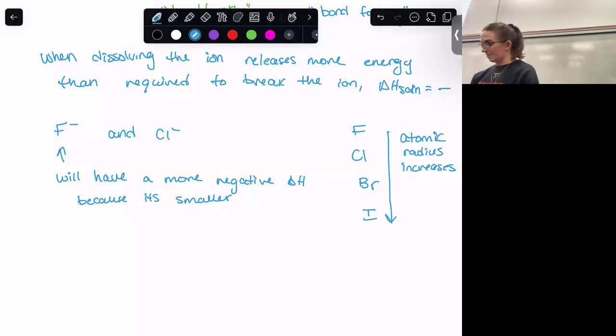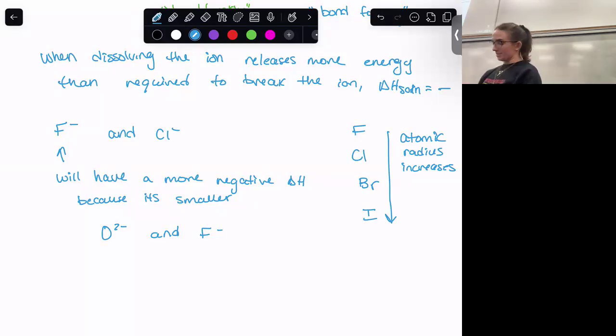If we were to look at O2 minus and fluorine minus, which one's going to have the more negative delta H in this case? Is having more of a negative delta H the same thing as having very little energy, or are those two different things?